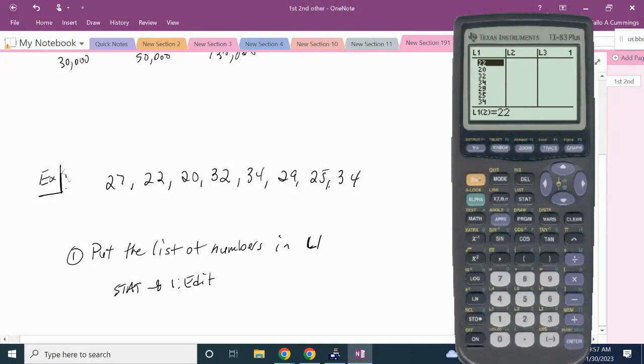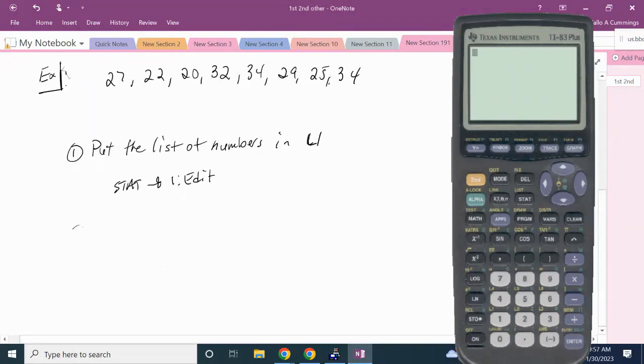And now I want to go back to the home screen. So I'm going to hit second and quit. While I'm on the home screen, I want to perform the calculation.